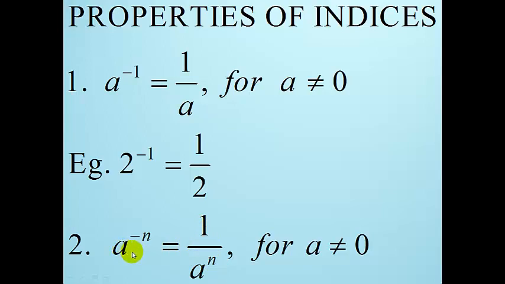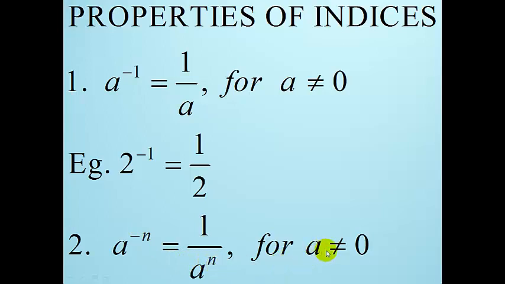I repeat, a raised to the power minus n is equal to 1 over a raised to the power n. It is the reciprocal of the number, but the negative exponent changes to a positive exponent.